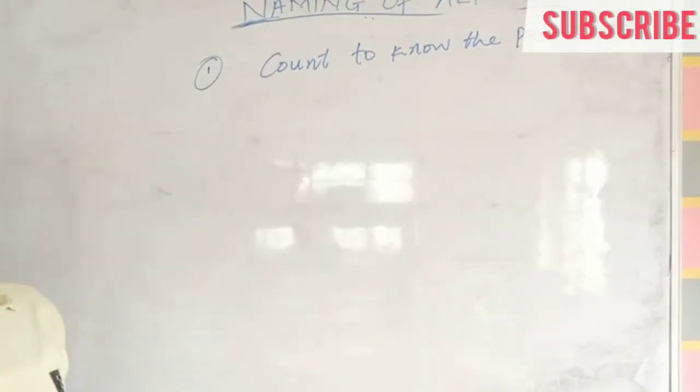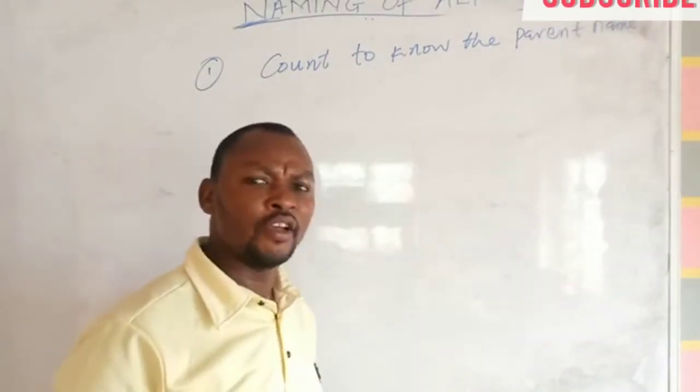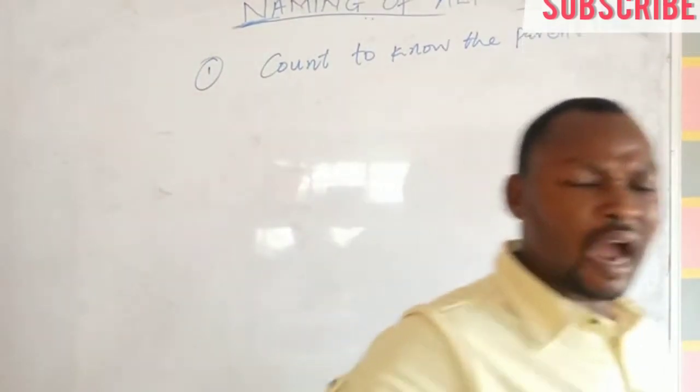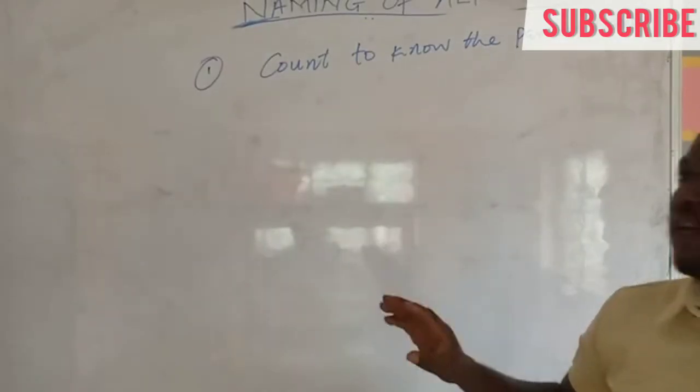You count in all directions. You count in a straight way, in a cyclic way, in a branched way to know the parent name.